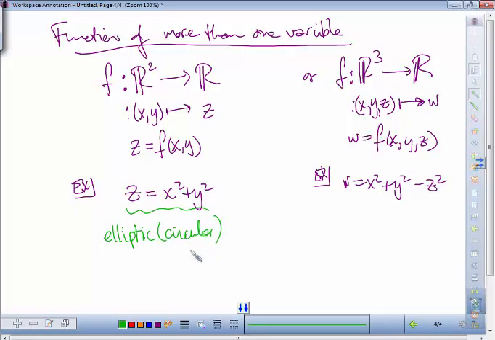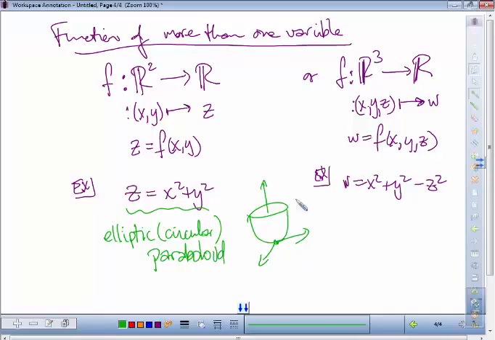Paraboloid. So it's a paraboloid. It's not a cone, it's not a circle. It's a paraboloid. Okay.